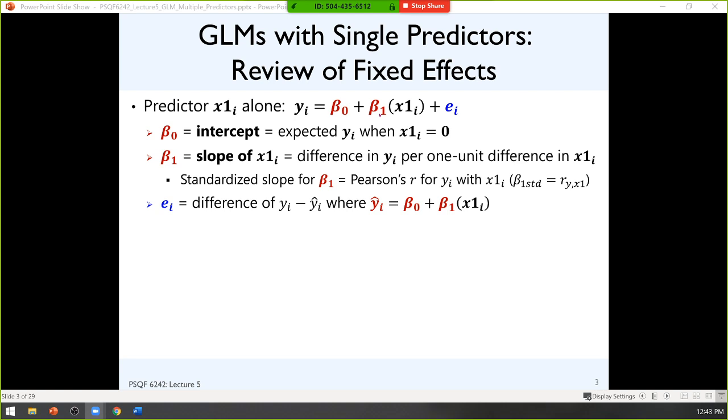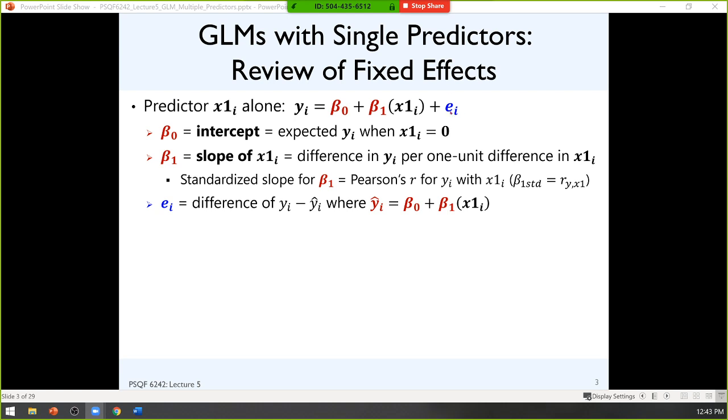If beta 1 is positive, that means y goes up if x goes up. If beta 1 is negative, then y goes down as x goes up. Last but not least, the e at the end also gets an i because each person has one. That's our residual, or error, as it were. That is the difference between the outcome predicted for you by the model, by x1 in this case, and the real one.